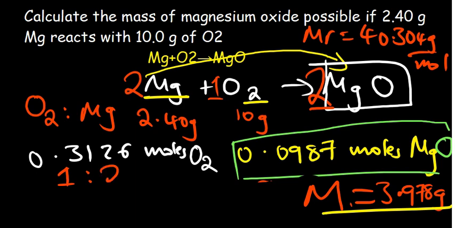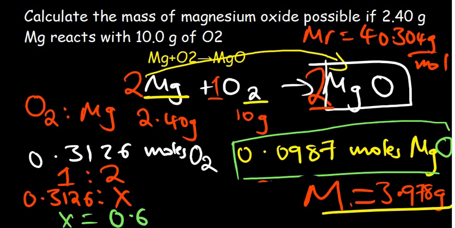So we are in the ratio of 1 to 2. So if we have 0.3126, how many moles of magnesium oxide do we expect? I've put X to represent that. In this case, they are supposed to be doubled. So the number of moles would be 0.6252.